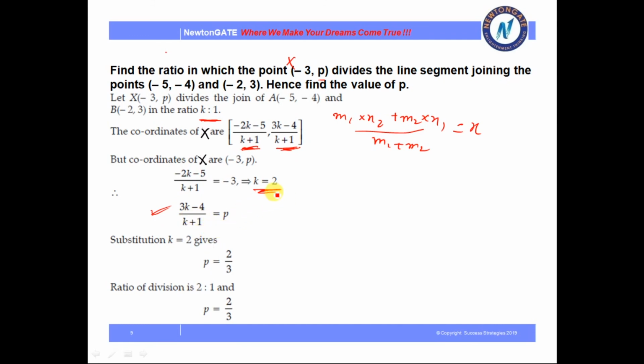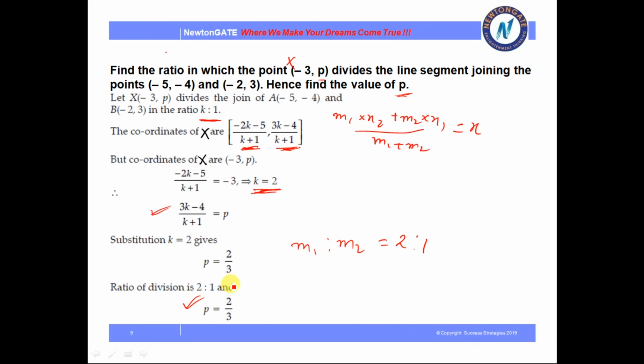We substitute the value of k, that is k is equal to 2, in this equation and find the value of p to be 2 by 3. So the ratio, that is m1 is to m2, is equal to 2 is to 1 and the value of p is 2 by 3. So this is how you solve a sum on the section formula.